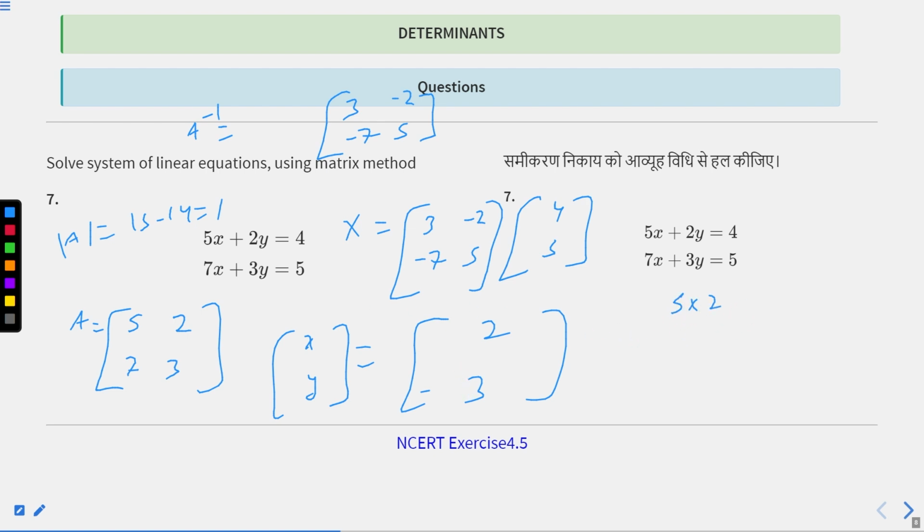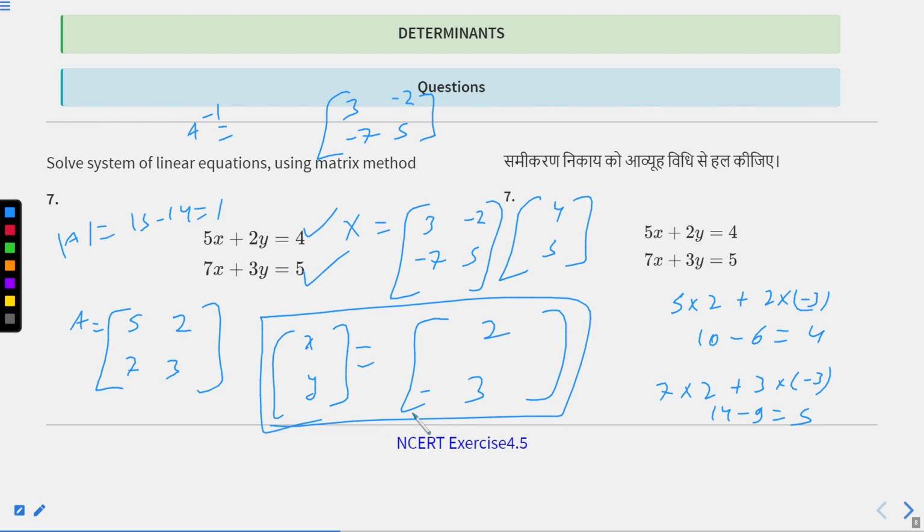X is 2, Y is minus 3. So this will be 10 minus 6, means 4. Yes, you are getting 4. 7 multiplied by 2 plus 3 multiplied by minus 3 means 14 minus 9, which gives you 5. Yes. So the solutions will be x equals 2, y equals minus 3. Okay, I hope that it is clear.